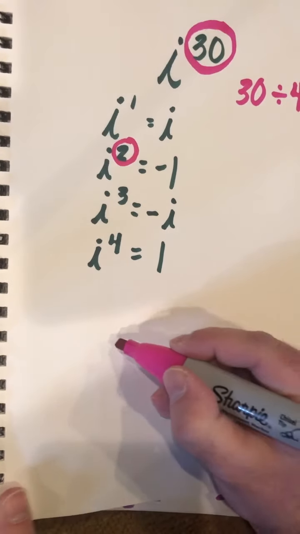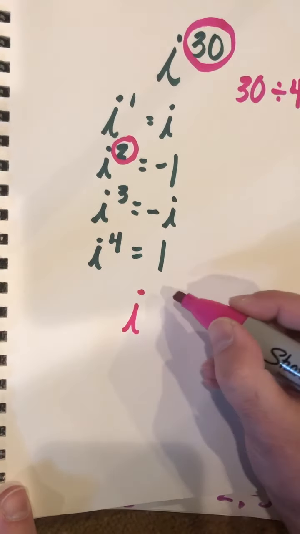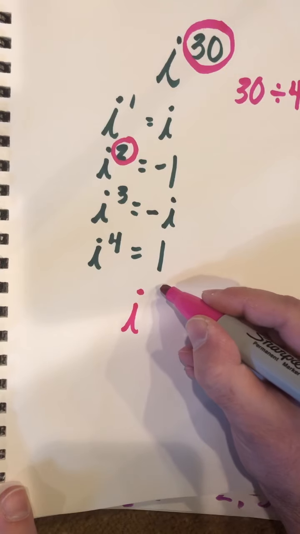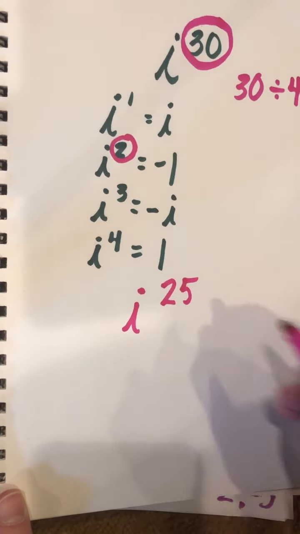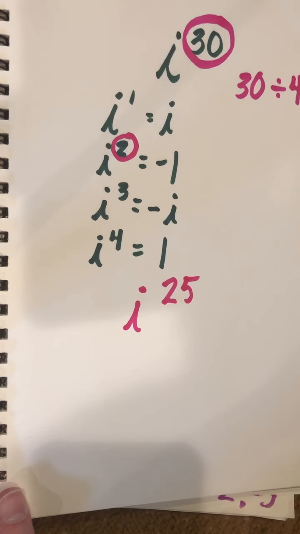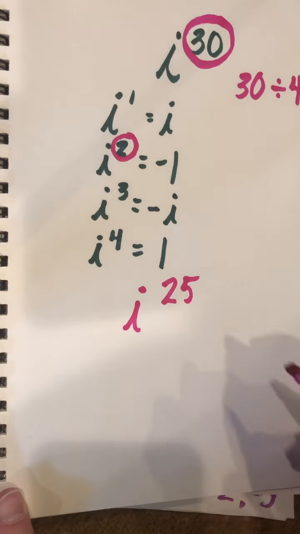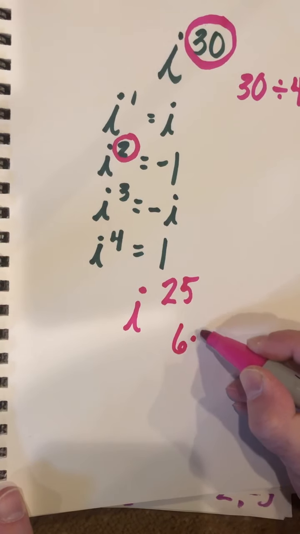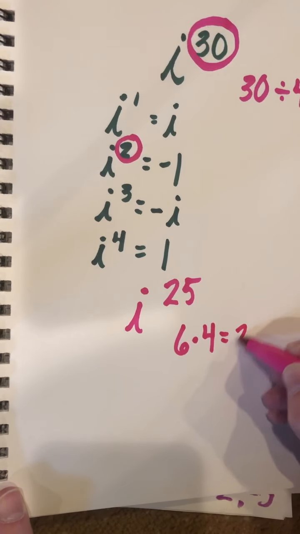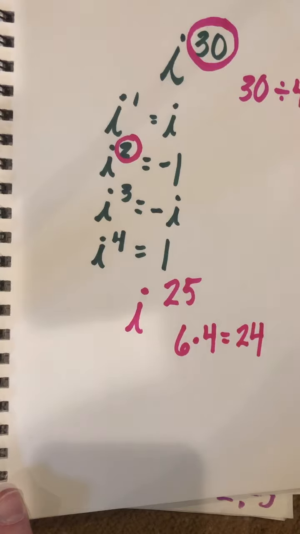Okay, so let's try i to the, let's do something crazy, 25th. Okay, let's divide 25 by 4. How many times does 4 go into 25? Well, I'm going to say that it goes in 6 times because 6 times 4 equals 24.